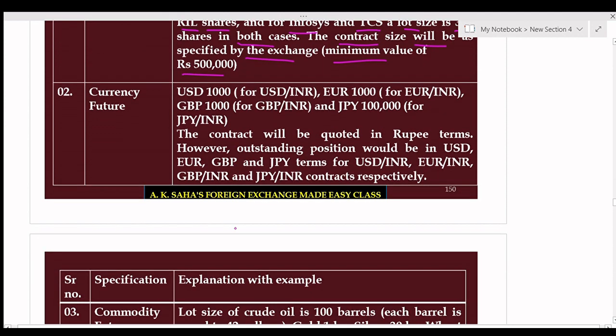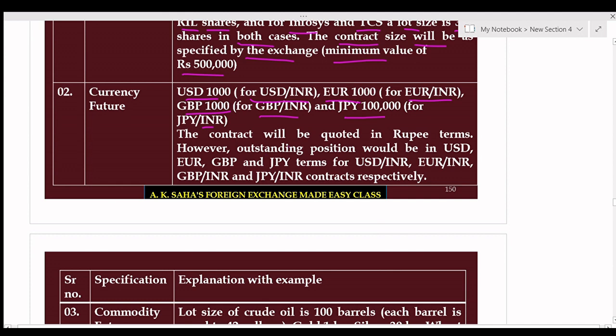Currency future: USD 1000 is one lot for USD INR. Euro 1000 is one lot for Euro INR. GBP 1000 is one lot for GBP INR, and JPY 1 lakh is one lot for JPY INR. If the contract is USD 5000, then it will be 5 lots: 5 into 1000 is equal to USD 5,000.